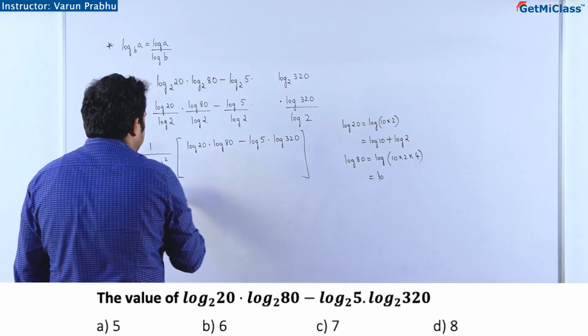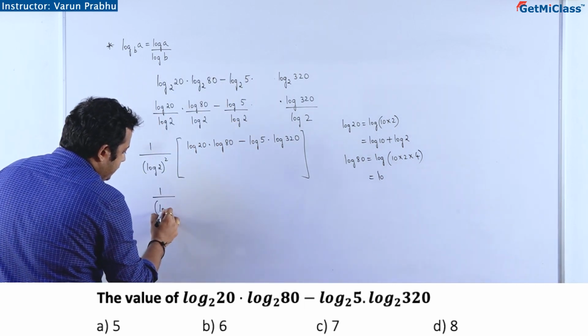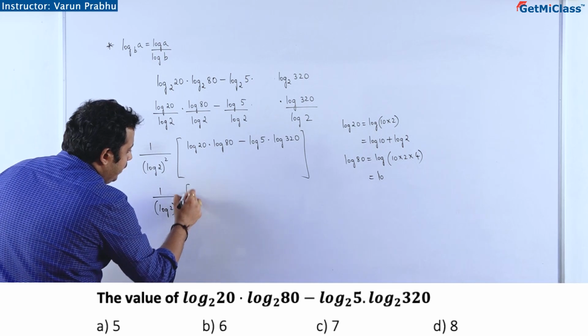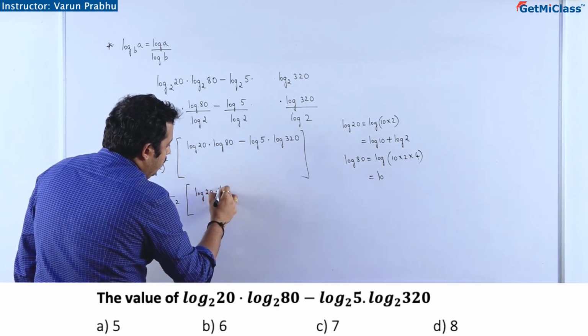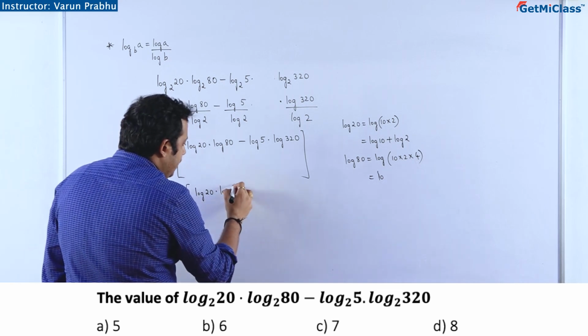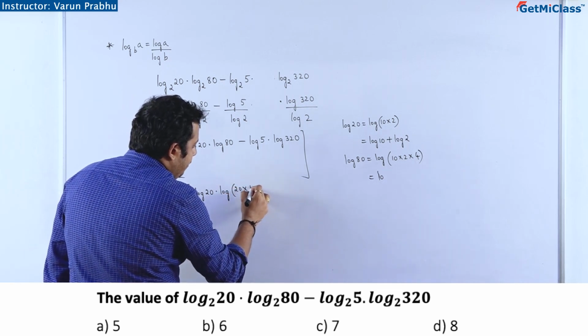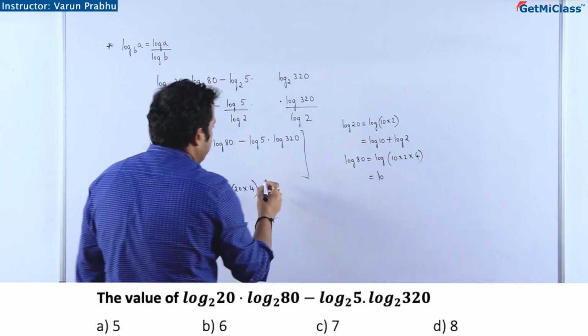So we can write this part like this. Log 20 into log of 80 can be written as log of 20 into 4. We'll go by this concept.